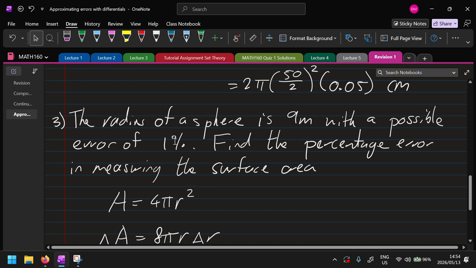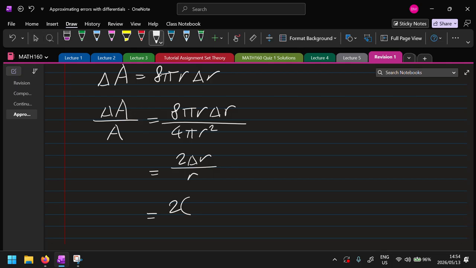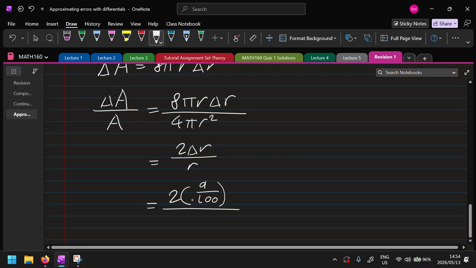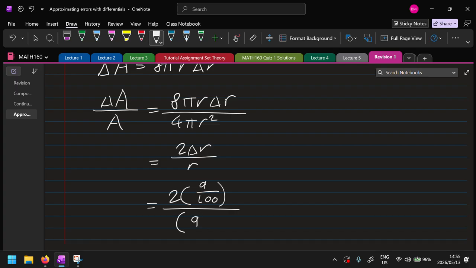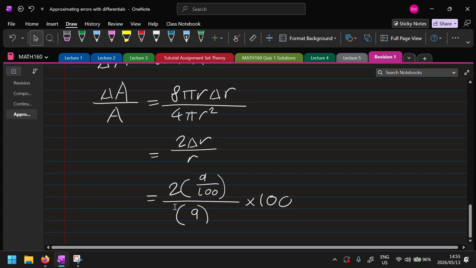So it's 1% of 9. Okay, over the radius, we said that was 9. Times 100, that gives us our percentage. Okay, remember, percentages is always something of some total. Okay, again, you can simplify that, check your answer.